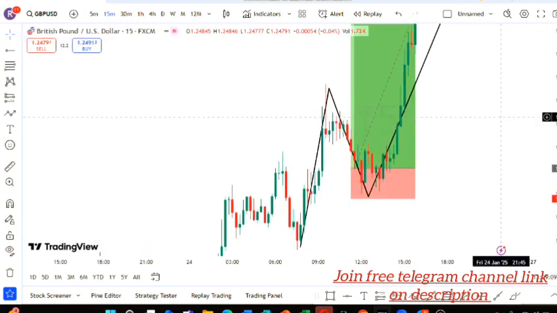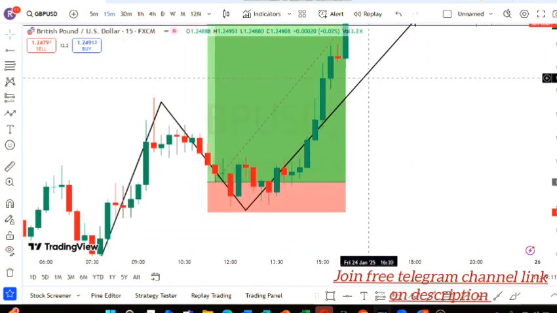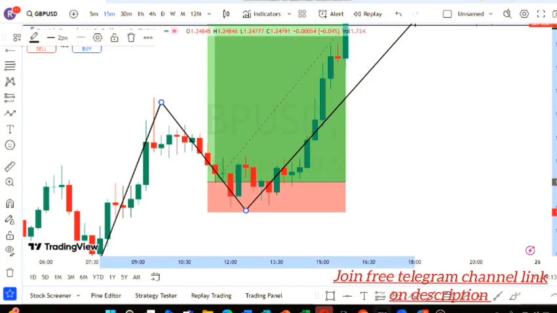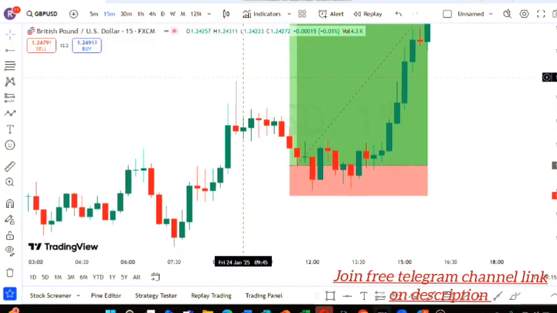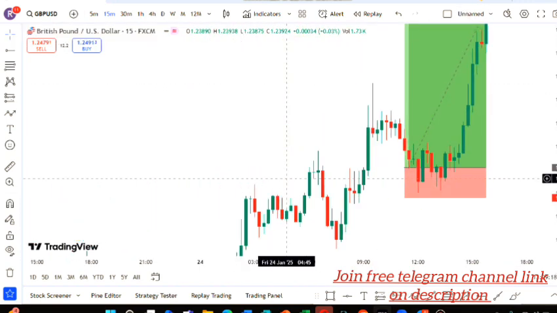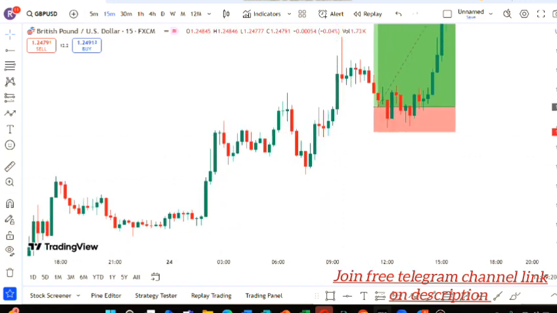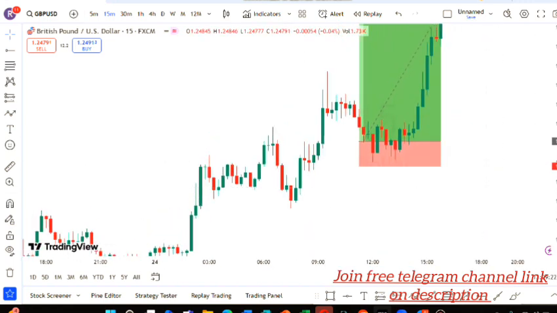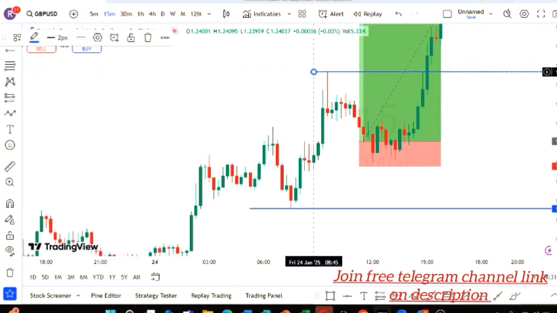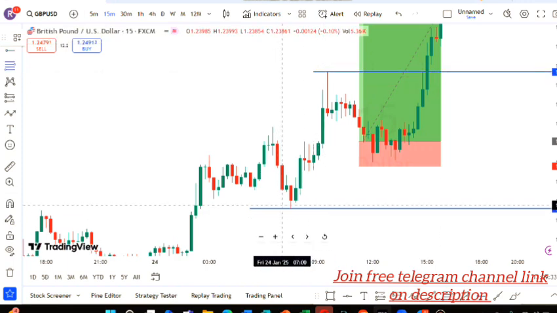From here, I used a Fibonacci tool, from this lower point to here, placing a fib retracement.